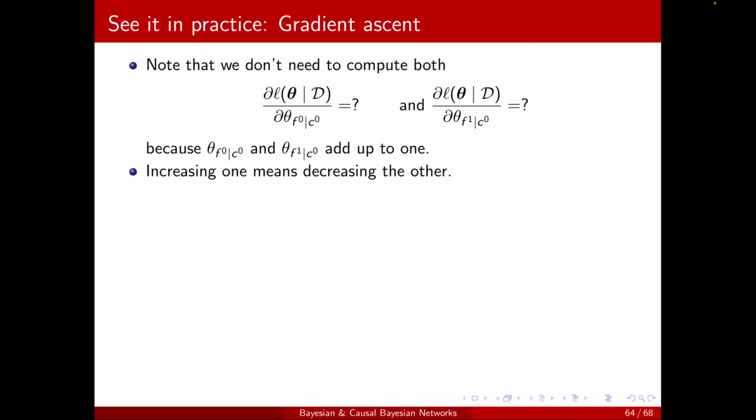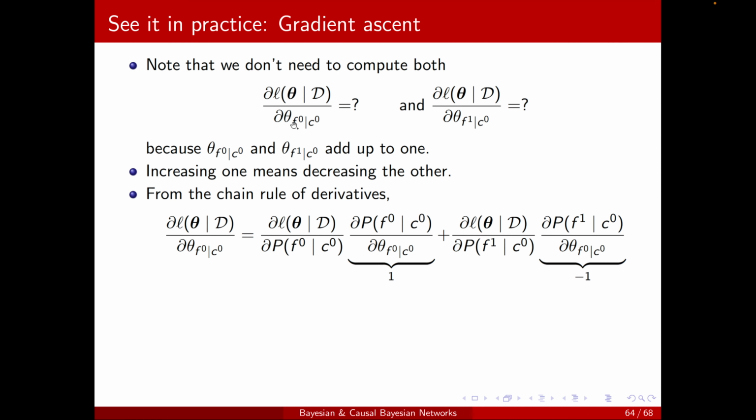Meaning that if we increase one of them by, say, 0.1, I have to decrease the other one by 0.1. Now, back to the chain rule. Just recall that the lemma and theorem that we presented were not in this form. They were with respect to P, the actual probability. So I have to transfer these two terms into those terms by using the chain rule of derivatives.